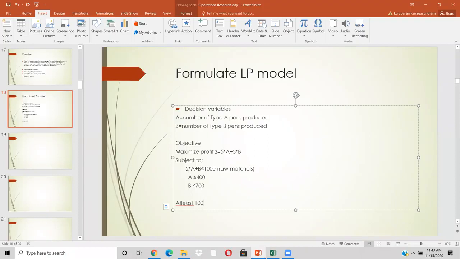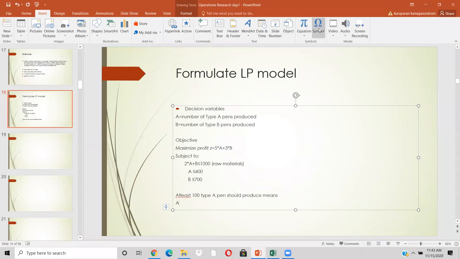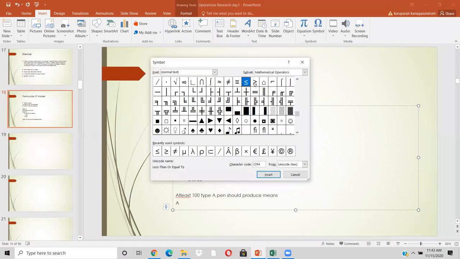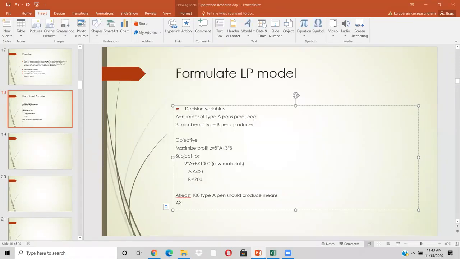At least 100 type A pens should be produced, which means A should be greater than or equal to 100. Why? At least means the minimum I have to produce is 100 pens.